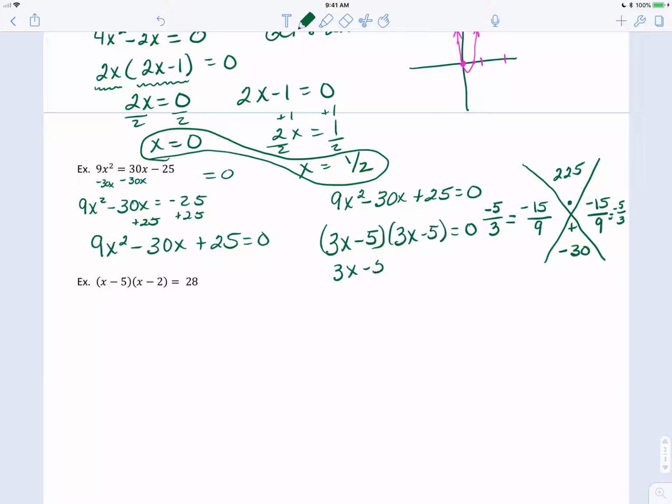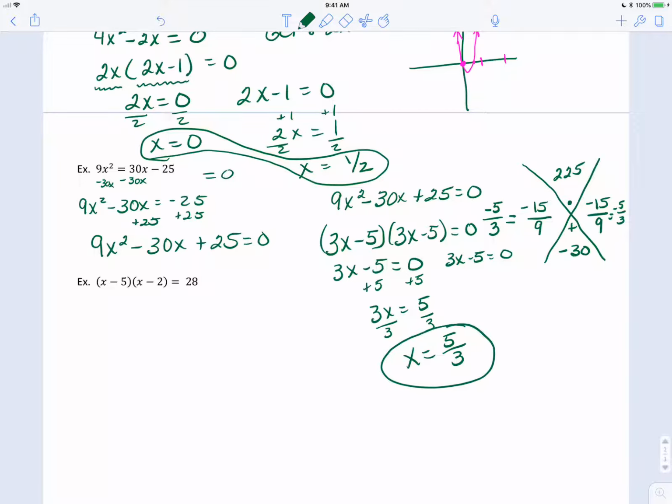Set your factors equal to 0 and solve. Well, we're going to get the same answer because we've got the same binomial, and that just means that it doesn't cross. It just comes down and touches at that point, because we do only have that one solution, because we would get the same answer if we solved this one.